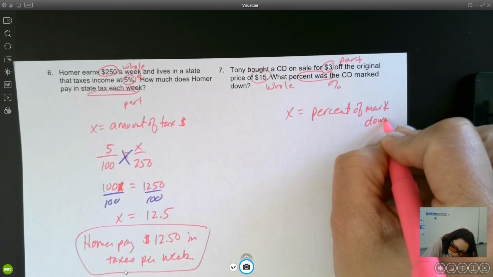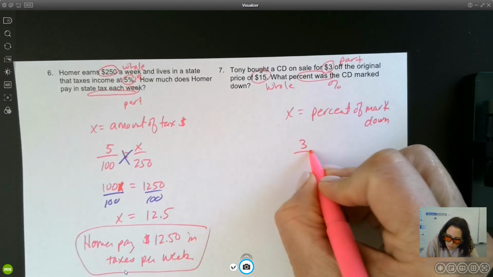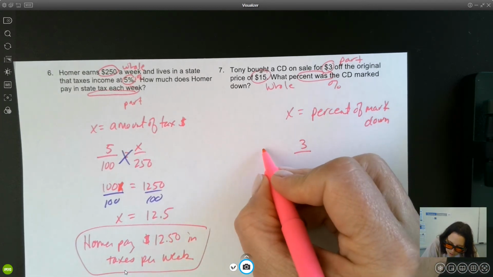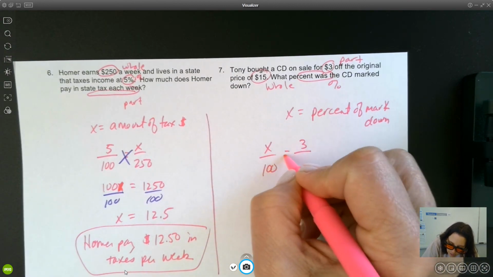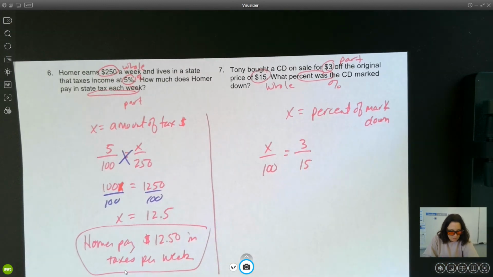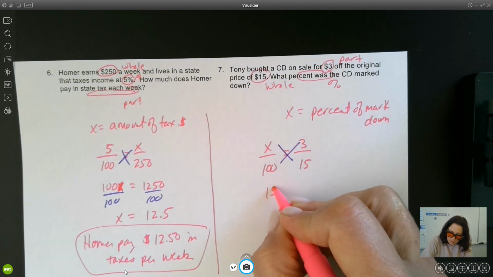Markdown is just kind of like a sale price. Okay, so we've got 3, let me do the percent first, sorry. X over 100 equals 3 over 15. 15X equals 300.